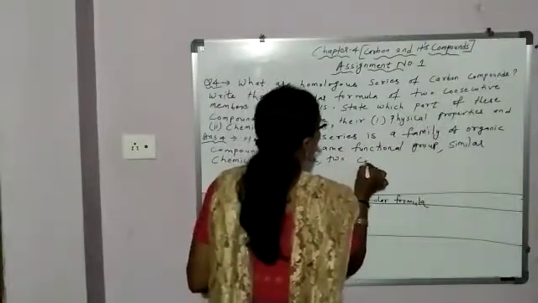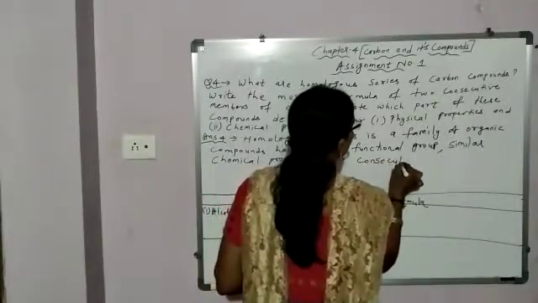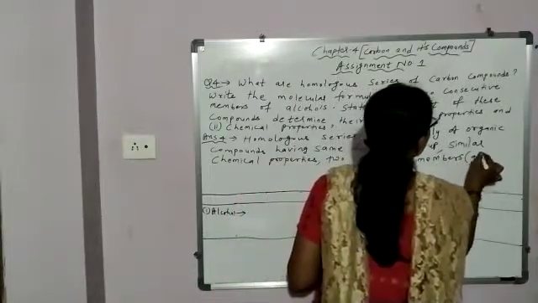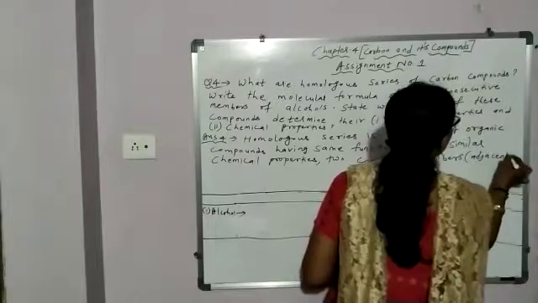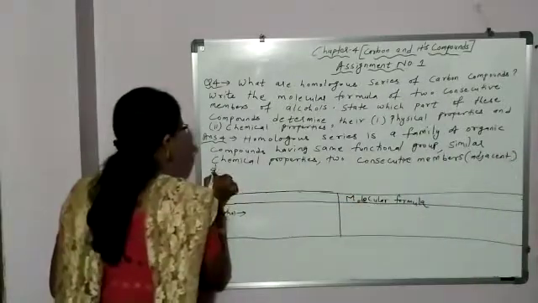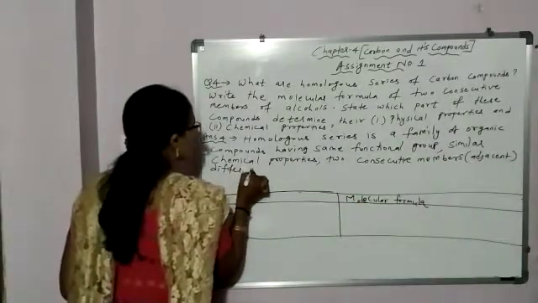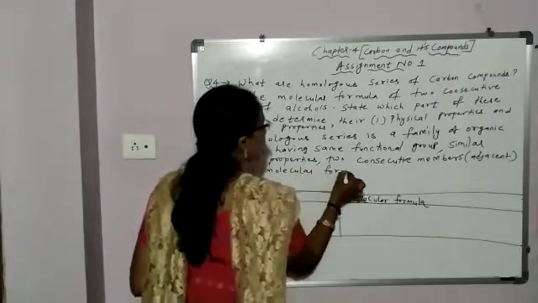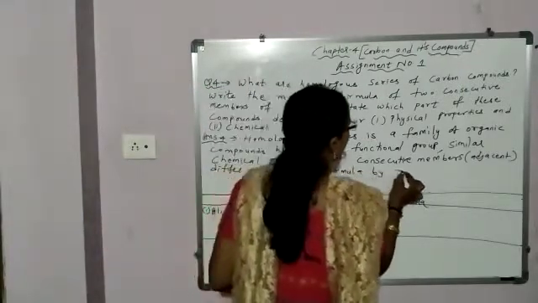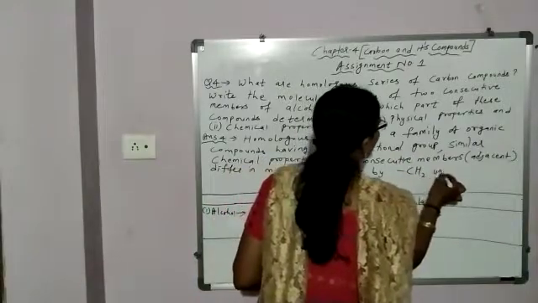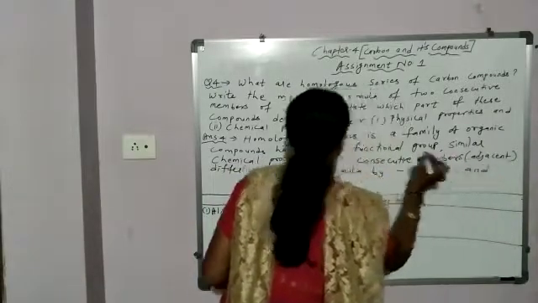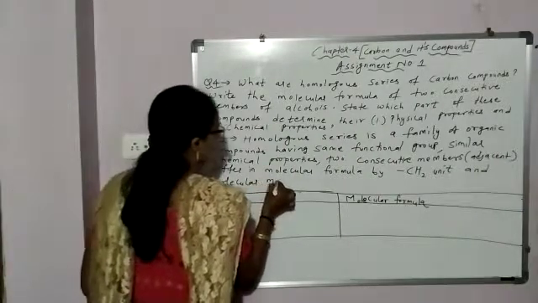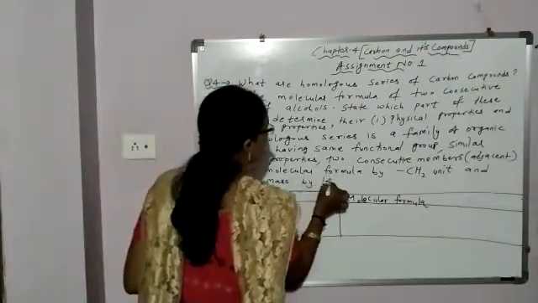Two consecutive members, consecutive means adjacent, differ in molecular formula by single bond CH2 unit and molecular mass by 14U.